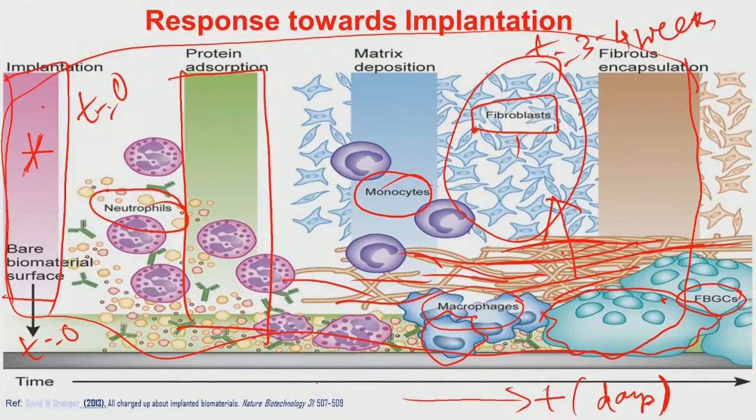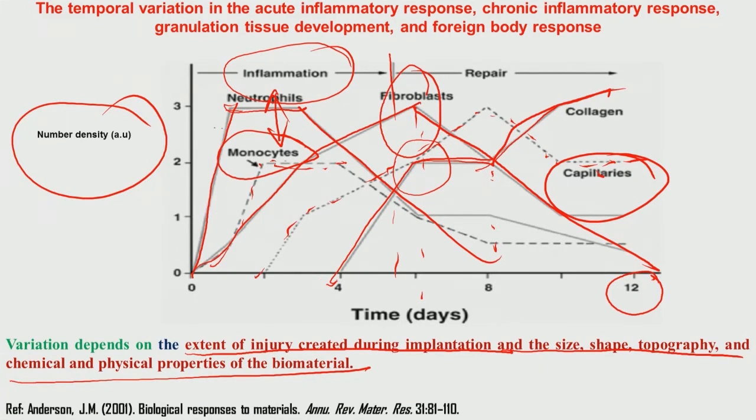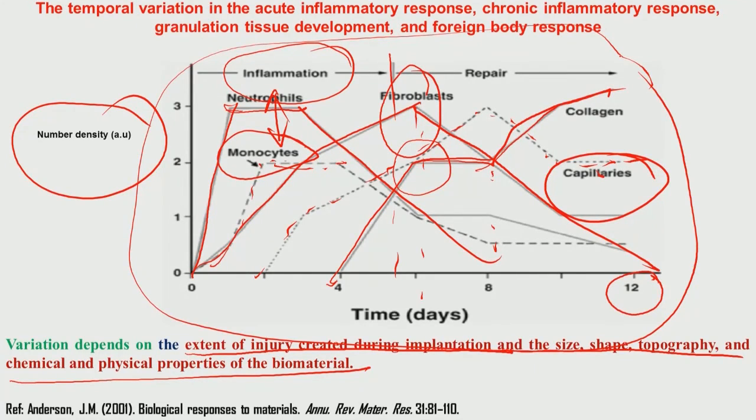That means, what is the size of the biomaterial, whether it is a segmental kind of defect or a very small defect, what kind of surgery has been done during the implantation, what is the surface topography, whether it is a smooth surface or a very rough surface. So, all those properties will determine the temporal variation which I have explained to you in the last 5 minutes or so.